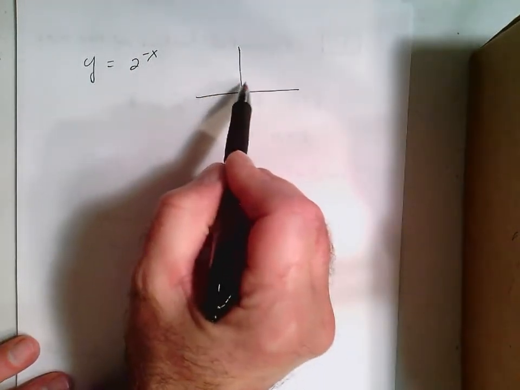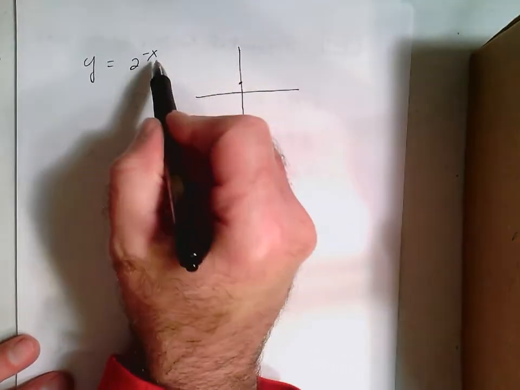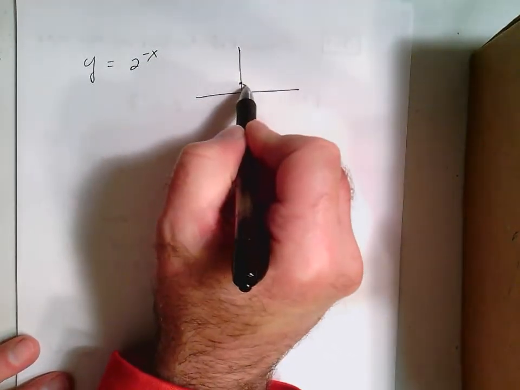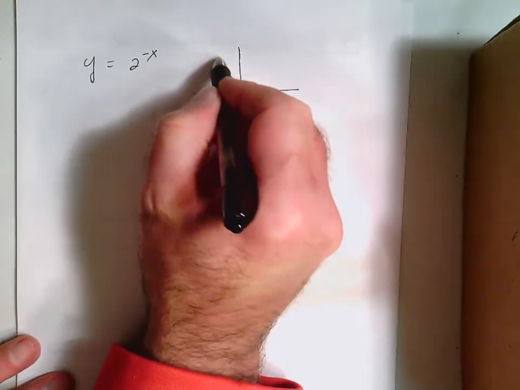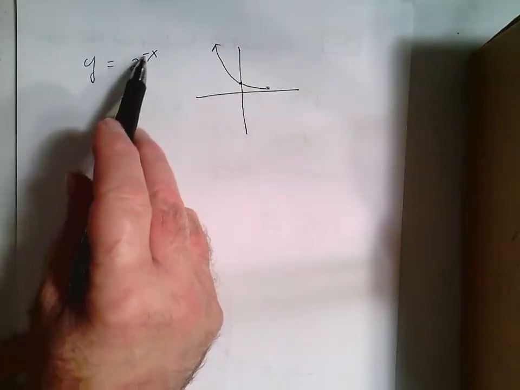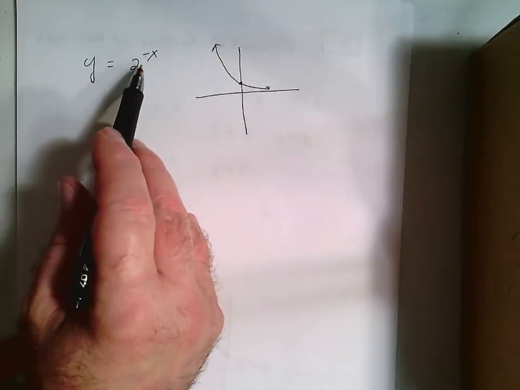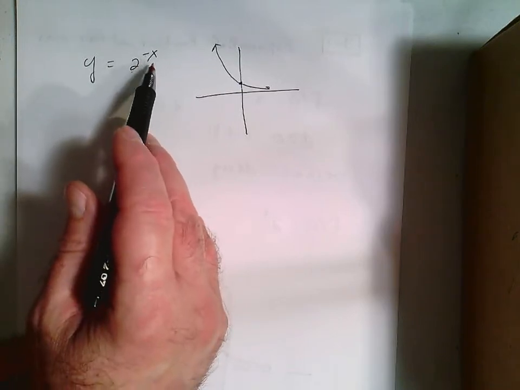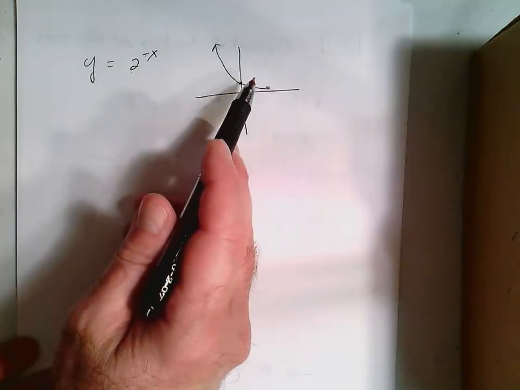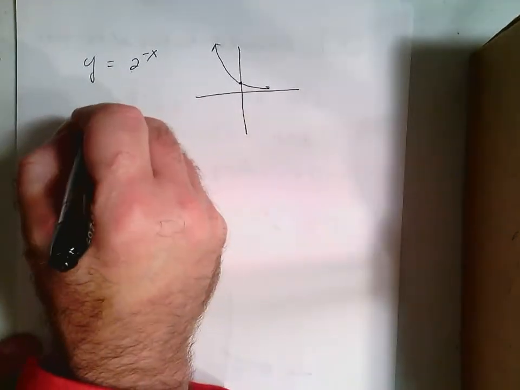It's coming down, and we're still going through (0, 1), but when x is positive, this thing's going to start to go to 0. So by flipping the base with the negative exponent, replacing x with negative x makes you reflect over the y-axis. So this is exponential decay.